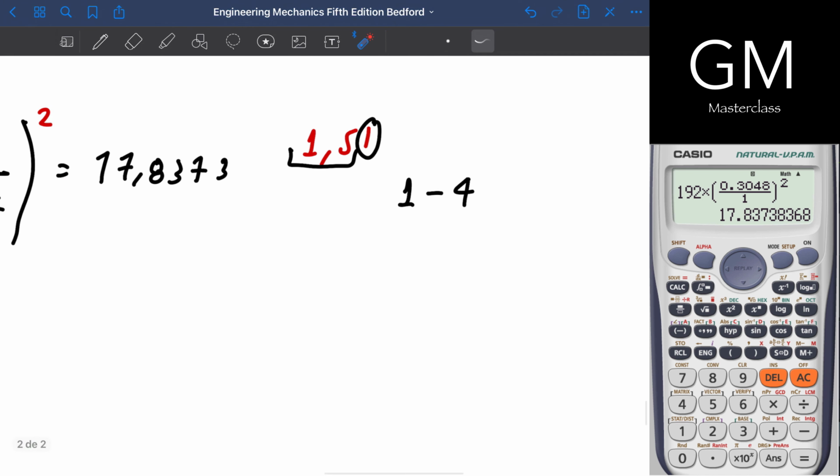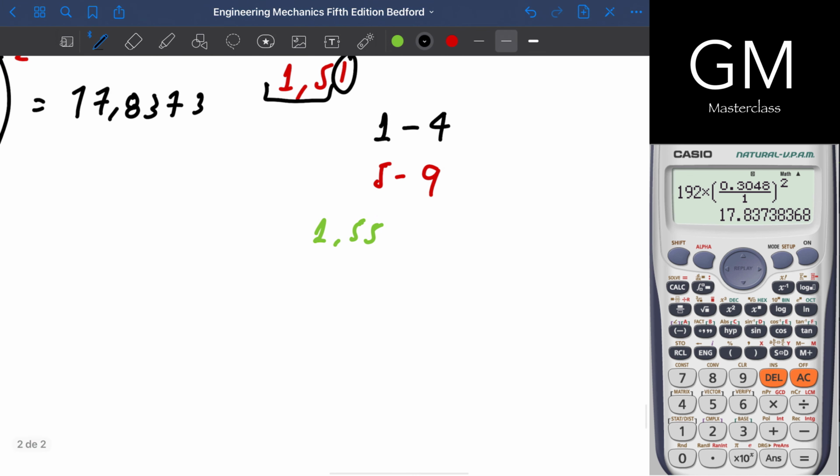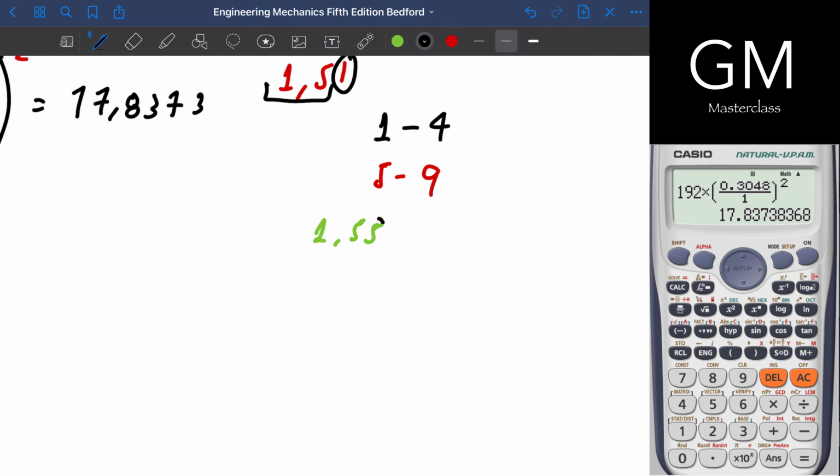But if the number is between 5 to 9, like for example 1.55, then I have to approximate the number that is behind the last one to the next one. So the answer would be 1.6.